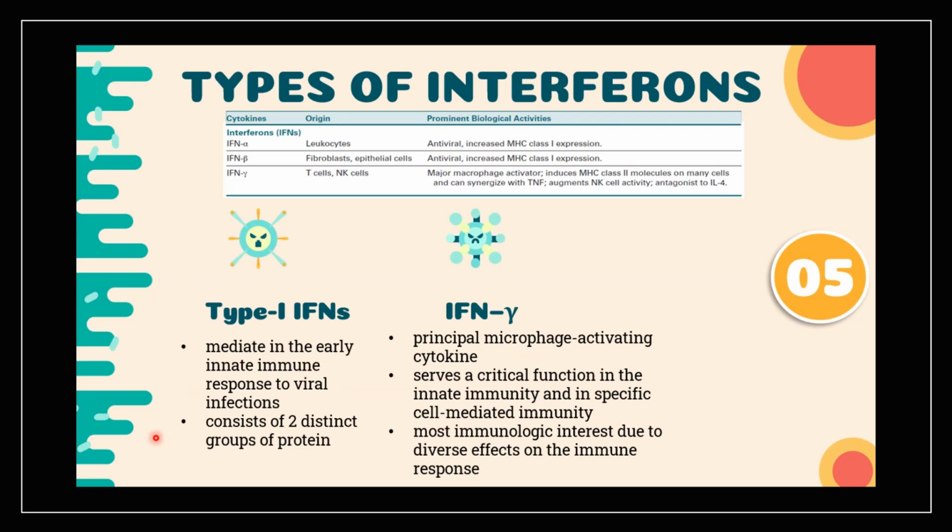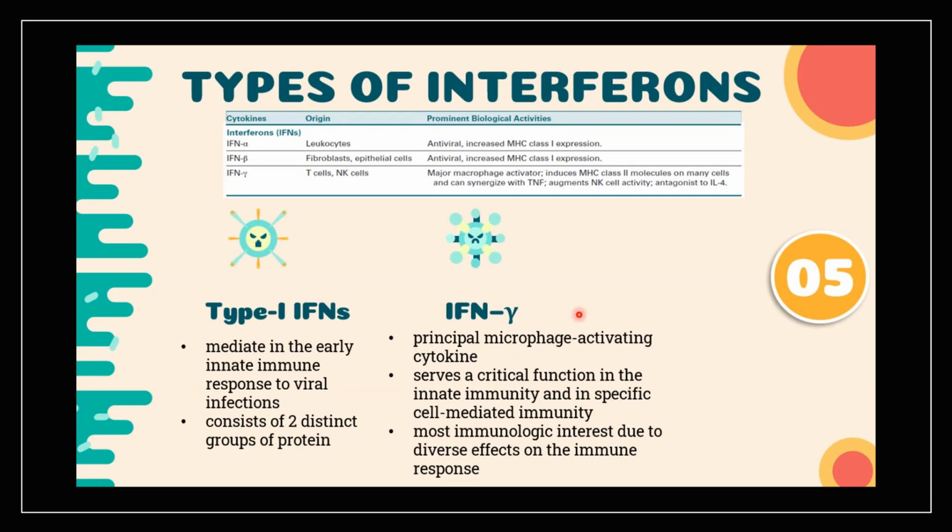Both subtypes of type 1 interferons can inhibit protein synthesis of virus-infected cells by preventing translation and DNA replication. They can also activate natural killer cells and increase the expression of MHC, or major histocompatibility complex, class 1 molecules.